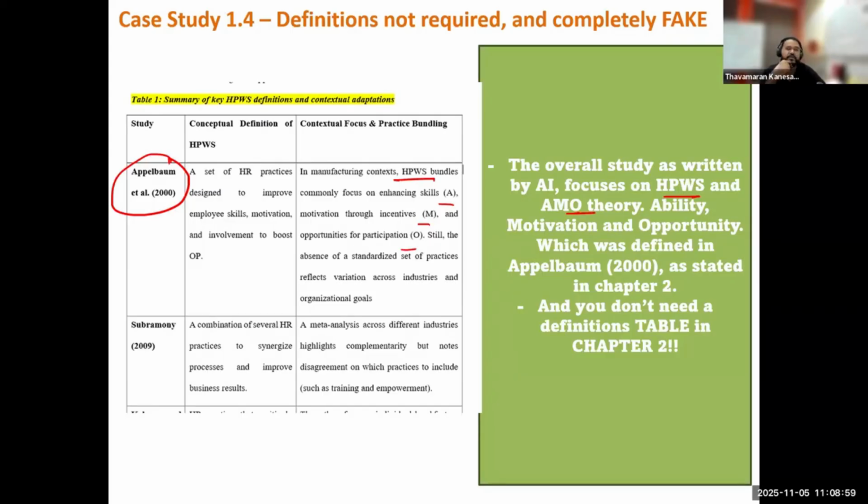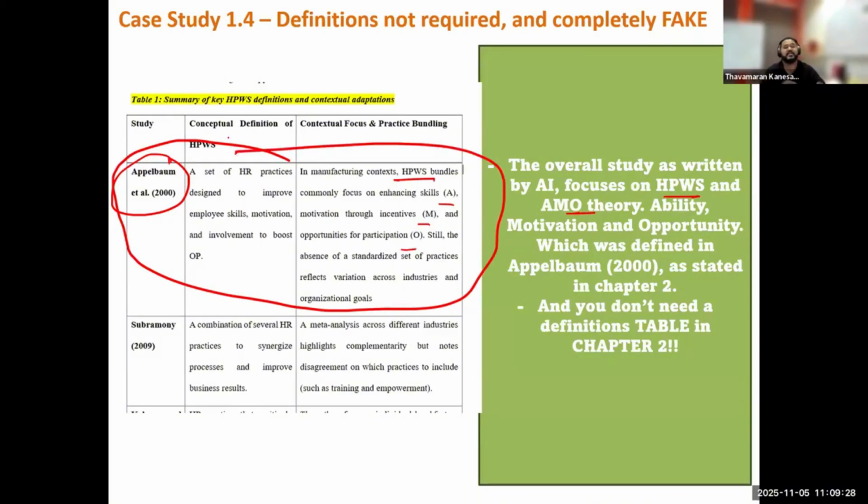If in this book, the examiner finds out that this book doesn't really talk about HPWS and AMO, there is no mention of AMO, what do you think will happen to the research? This is the base, this is the top keyword, this is the AMO theory. This was what was used in the systematic review. And as per definition, the whole study came together, the problem statement, from this particular book. This book is what established HPWS and AMO.